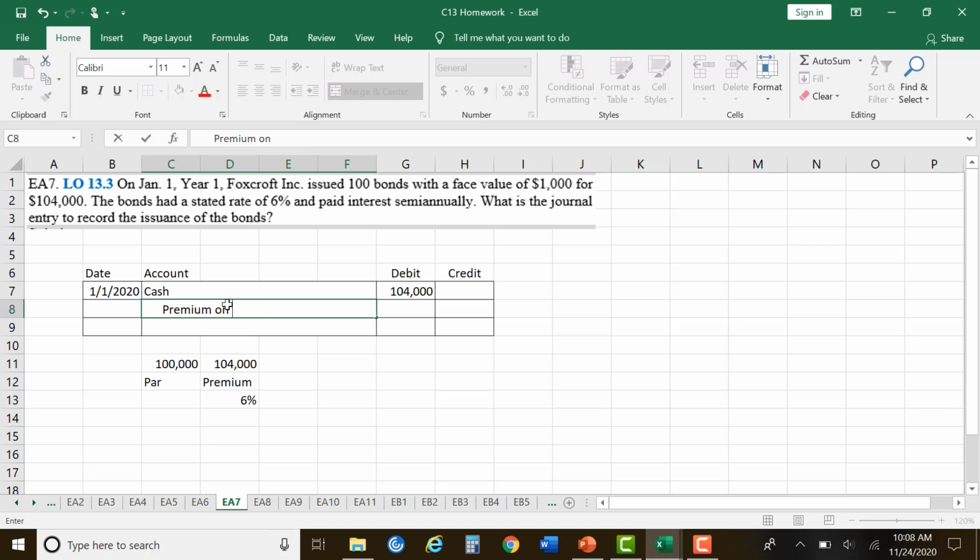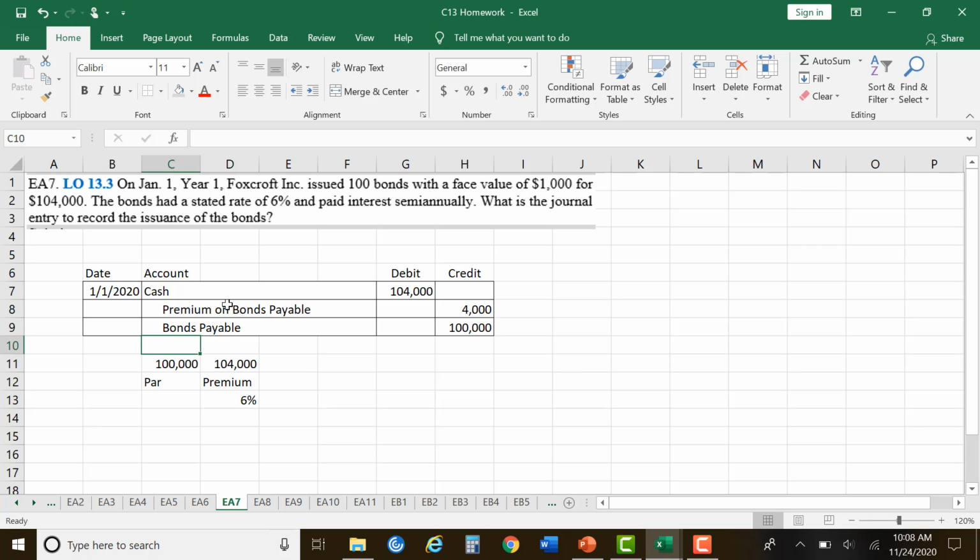Premium on bonds payable, credited, for $4,000, and then bonds payable for 100,000. We did this in previous problems, but we're going to take this and stretch it out over the life of the bond, and we'll break that gain down over the life of the bond.